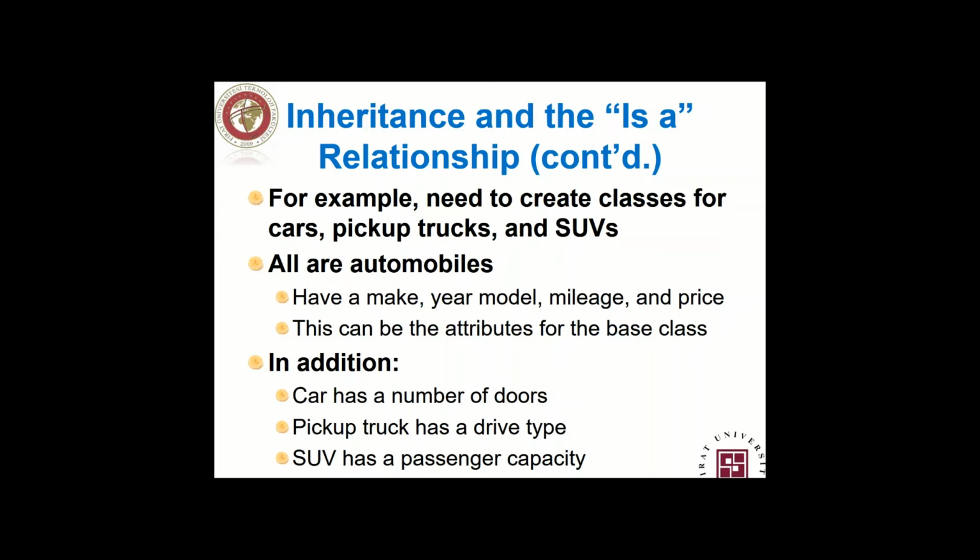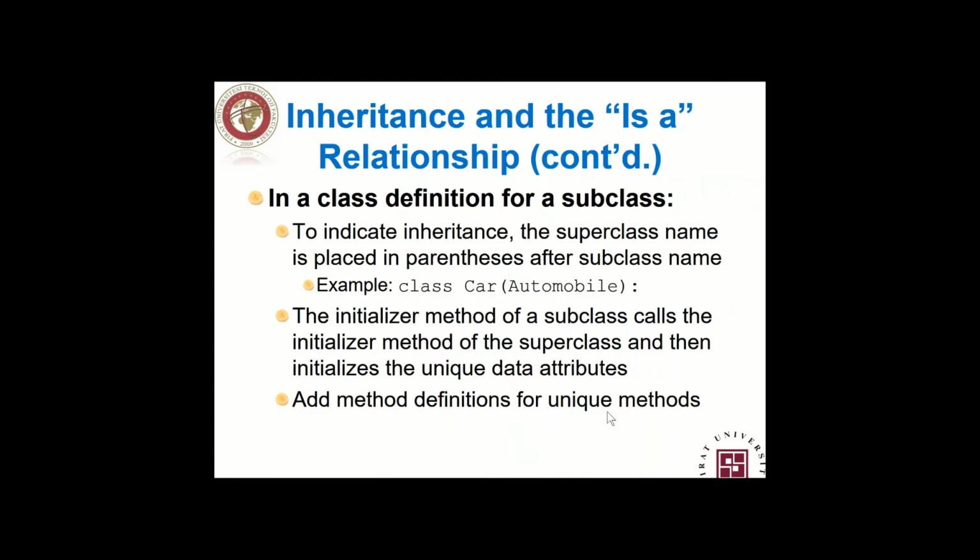You may add the number of doors. Truck, maybe you speak about specific type, or maybe the strength of the engine, for example. SUVs, you may think about passenger capacity or whatever. So it depends. When you want to customize, that means when you want to go special, you have to think about what's special in this class, so that we extend the functionality of one general class and we go to a special class.